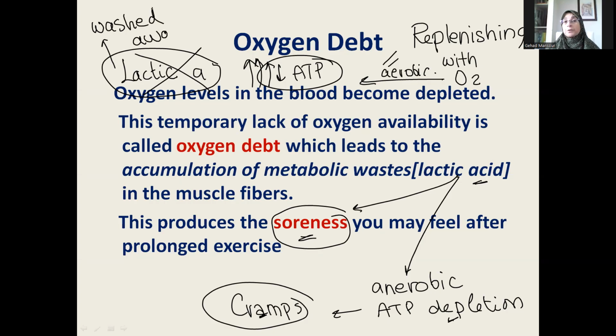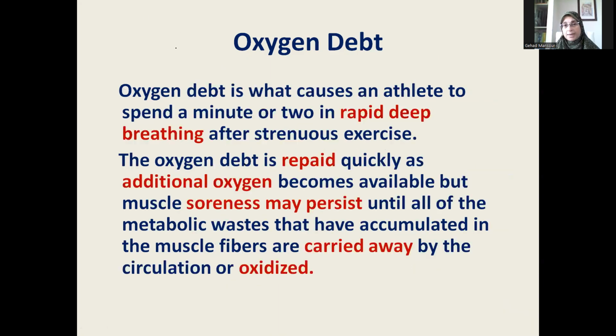And that's why before replenishing your stores of oxygen, you are in a state of oxygen debt. You don't have oxygen, so you are respiring in the absence of oxygen. You are respiring anaerobically. You are producing lactic acid. You're running short of ATP, and this is the condition of oxygen debt.